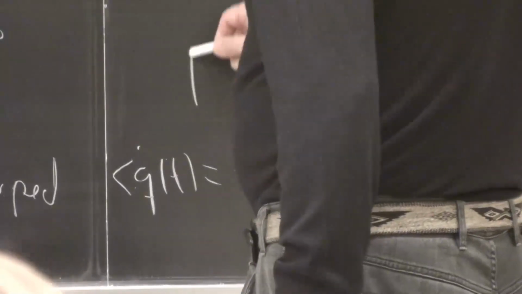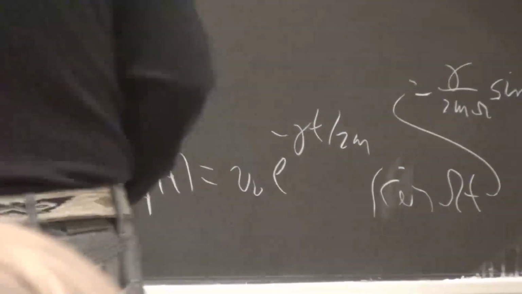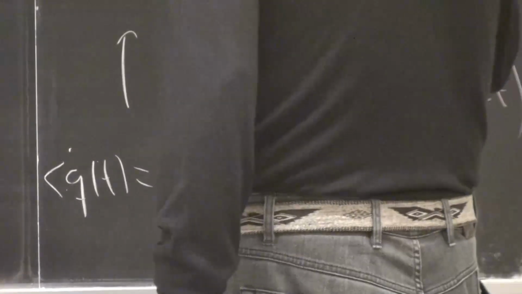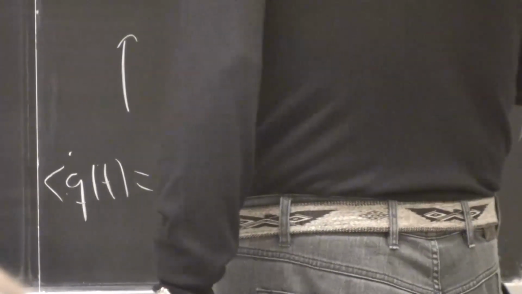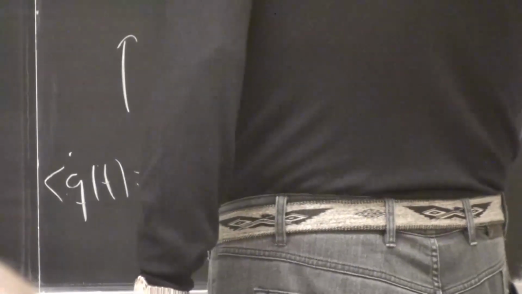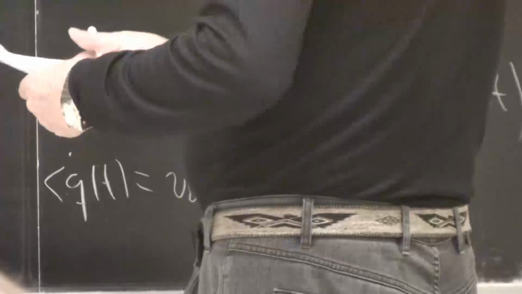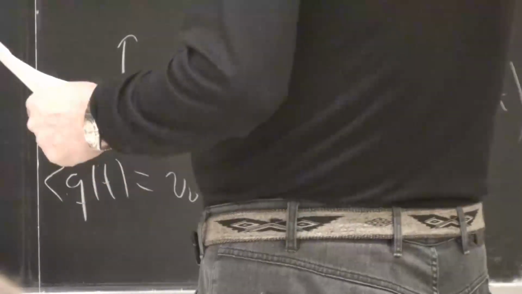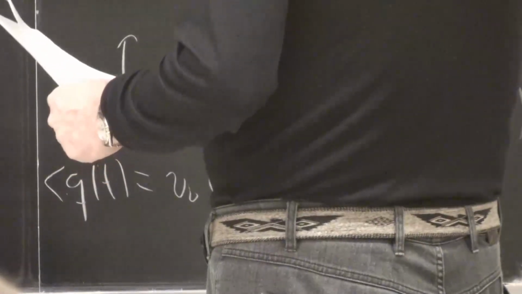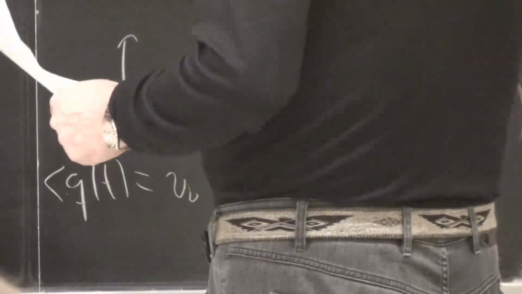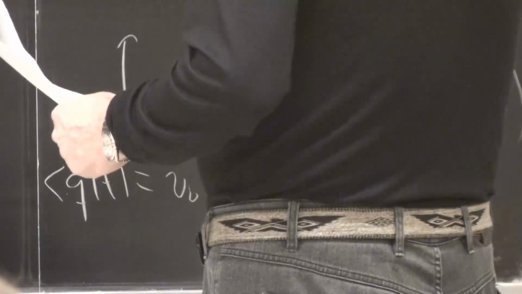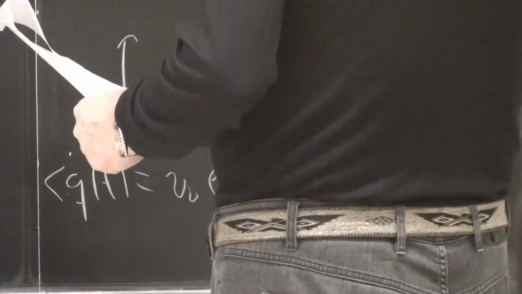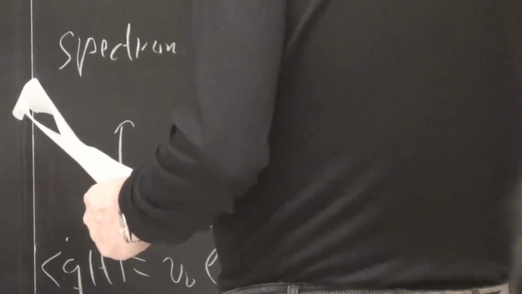Okay, and if you calculate the spectrum of this one with the Fourier transform, you are getting something that looks like I of omega is equal to gamma over m times omega squared divided by omega squared minus omega 0 squared, squared, plus gamma over m squared times omega squared.